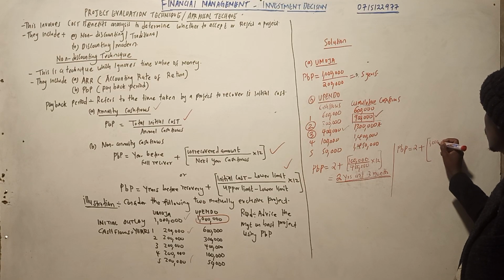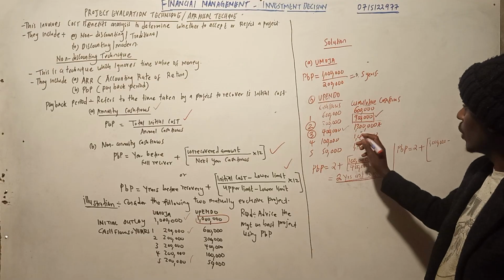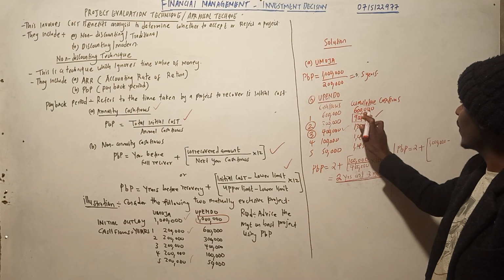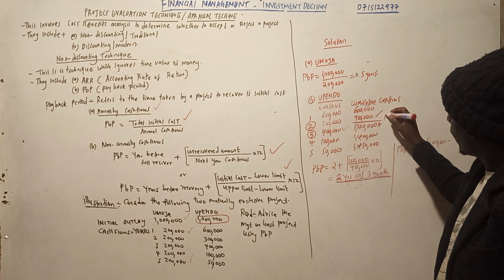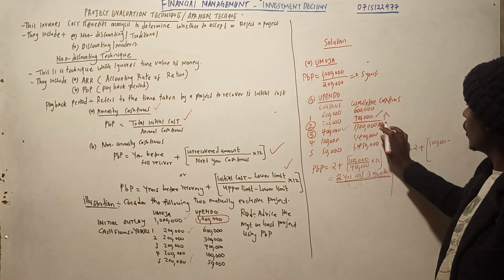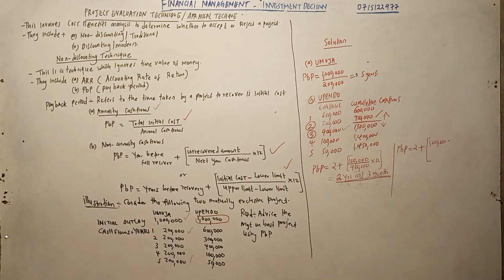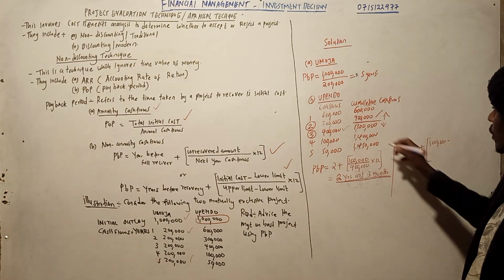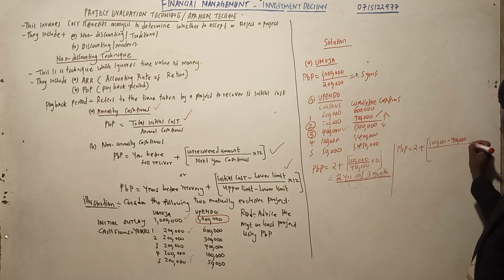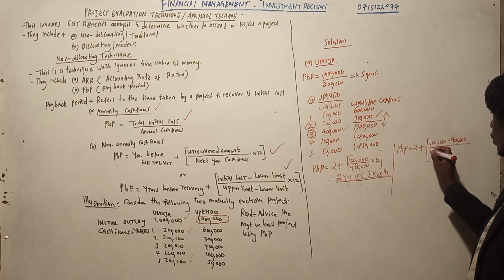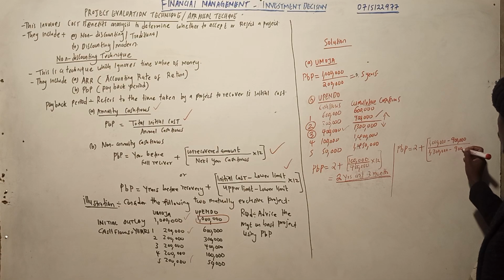The lower limit, so we recover at this point. So we have the higher limit, and below it we have the lower limit. Now the lower limit is 900,000, but the upper limit below it is 1.3 minus 900,000.